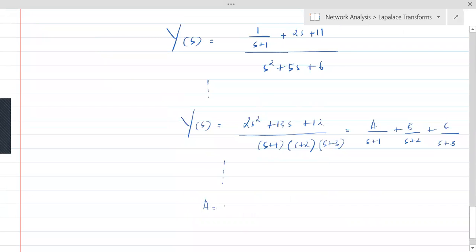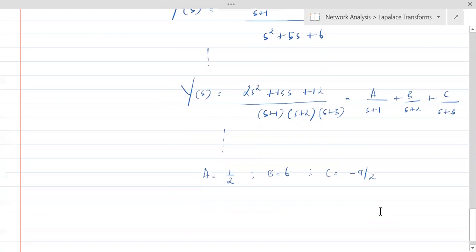Fine. Now what? So therefore you can go with finding out a, b and c. So a would happen to be 0.5, b is 6, and c is minus 9 by 2, that's minus 4.5. Okay, so therefore y of s looks like what?